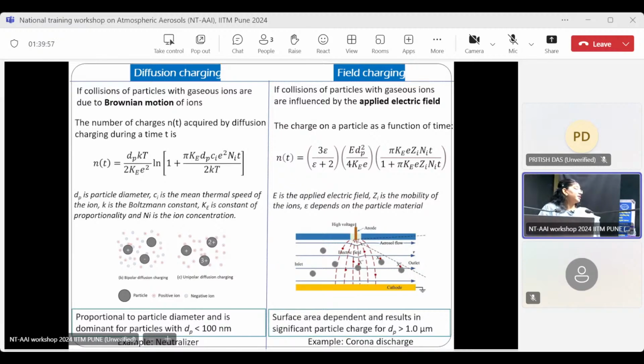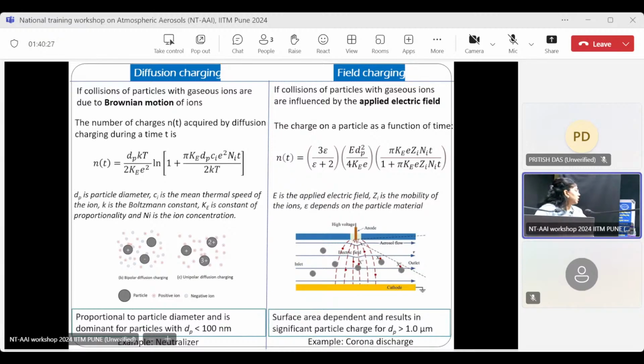From these two equations, the main takeaway is the dependence on the diameter. In the first equation, the number of charges acquired is proportional to diameter. In the second equation, the dependence is on dp squared, where dp is the diameter. That means it is surface area dependent.